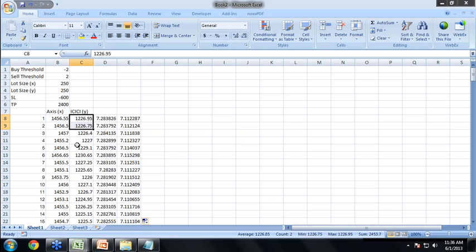This is so much smaller than the magnitude of the level, that is 1456, 1226. So you will be seeing a correlation which is very high, but which is not correct. So if you're running a correlation, then you should be running it on the returns.